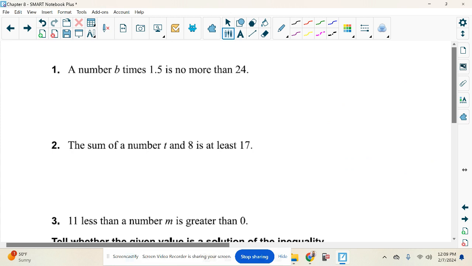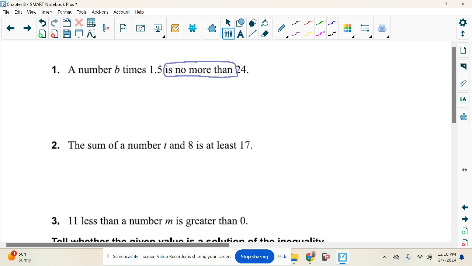Okay, your directions say to write the word sentence as an inequality. All right, let's start by looking for our inequality words. So number 1, I have a number b times 1.5 is no more than 24. What's our inequality word here? Not just is, that's part of it. Is no more than.